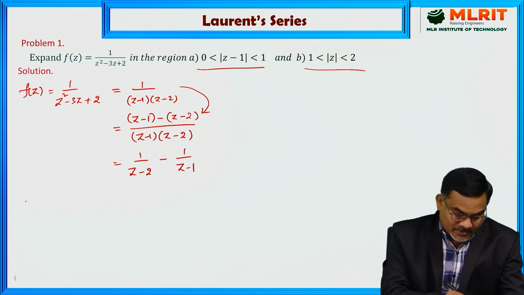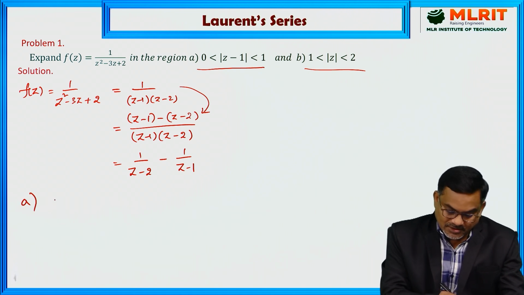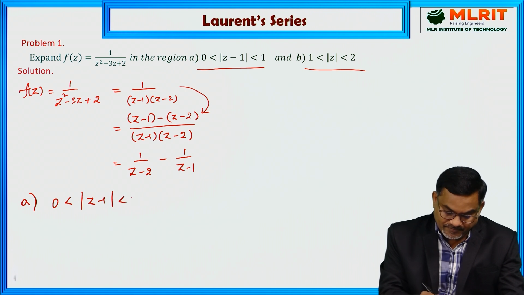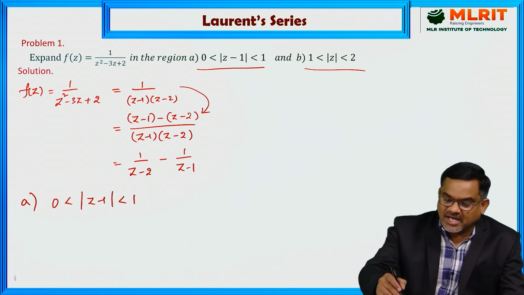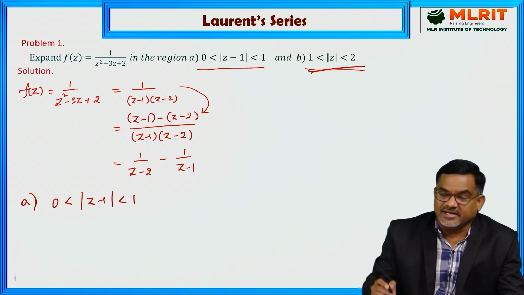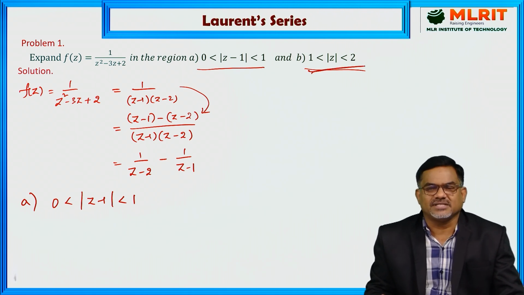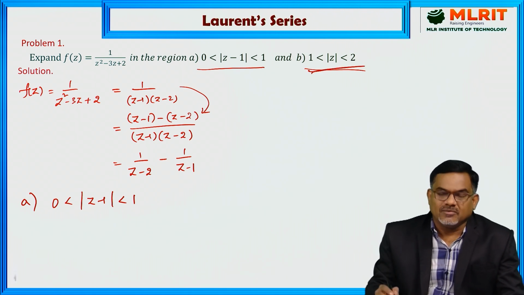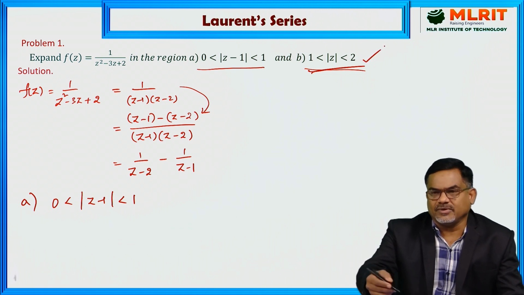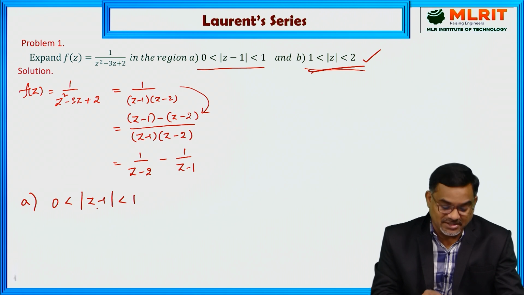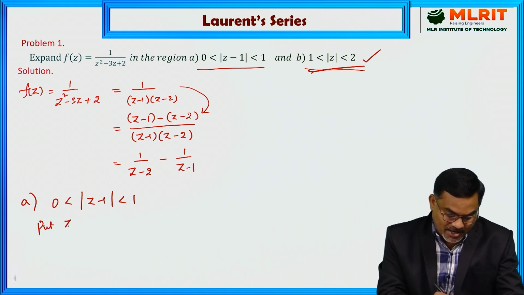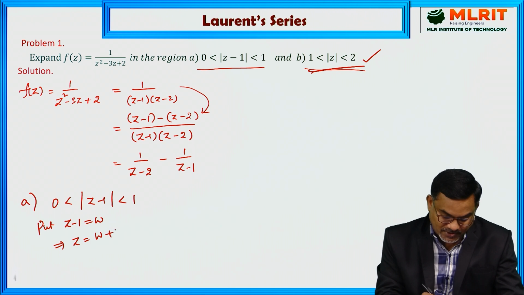And now, in the first question the region is 0 less than mod z minus 1 less than 1. If it is directly given in the form of mod z, that means a circle with center at origin, we can directly solve the problem using the known expansions. Whereas here z minus 1 is there, so put z minus 1 equal to w. That implies z is w plus 1.